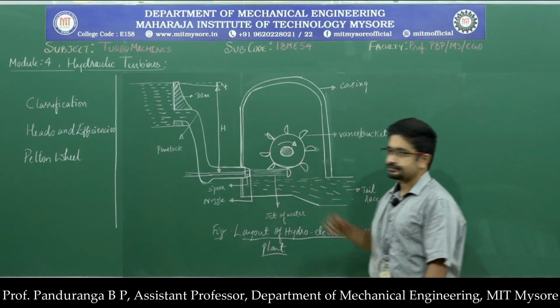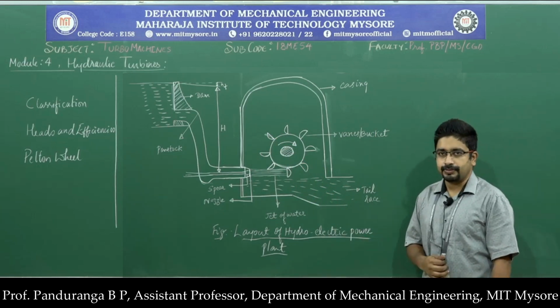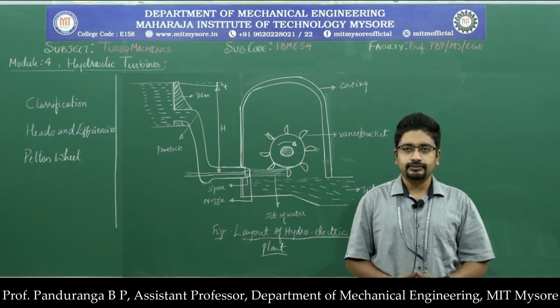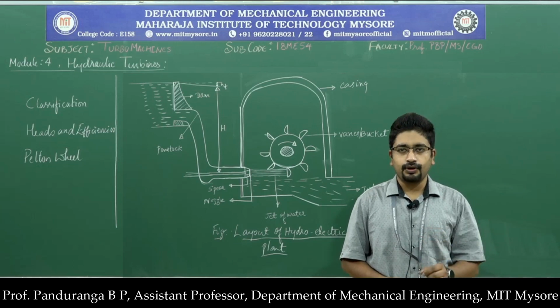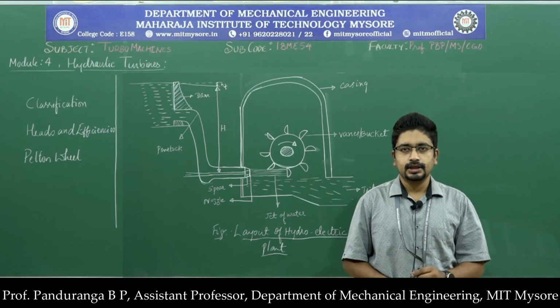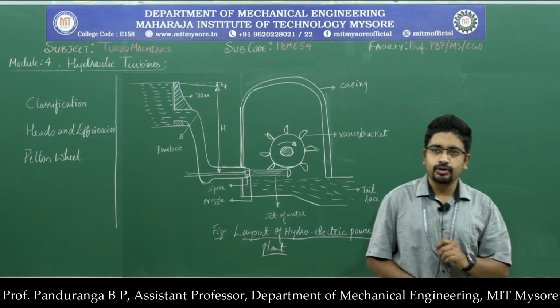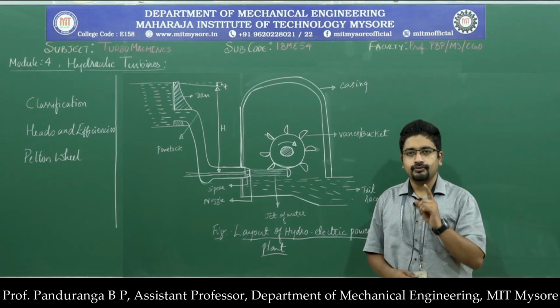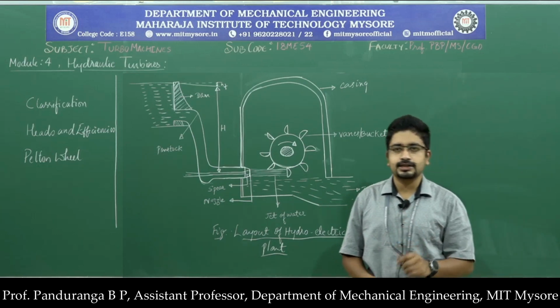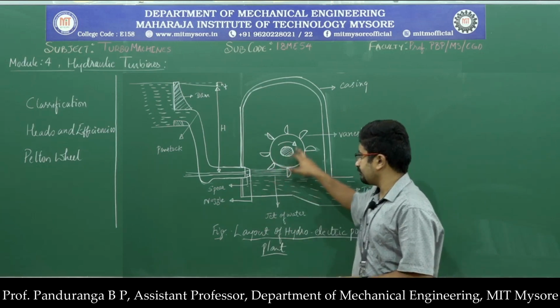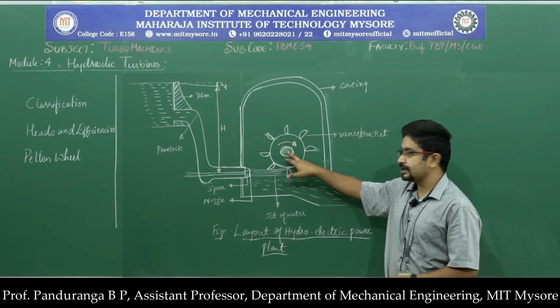So here we have the diagram of the Pelton wheel. We know that a Pelton wheel is a tangential flow impulse turbine, because the water will be flowing tangential to the runner. So here we have the runner, then we have the shaft.